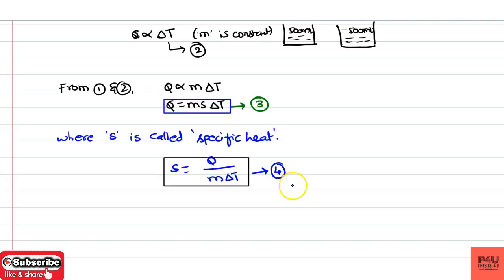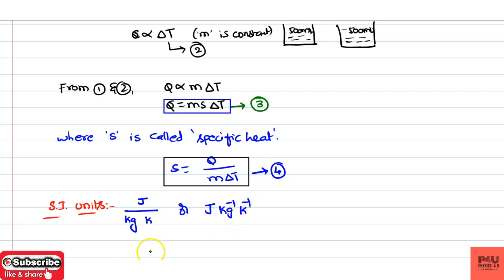Next, coming to the units, SI units of specific heat. For quantity of heat supplied, the SI unit is joule, for mass the unit is kg, for delta T it is Kelvin. So you can write this as joule kg inverse Kelvin inverse.